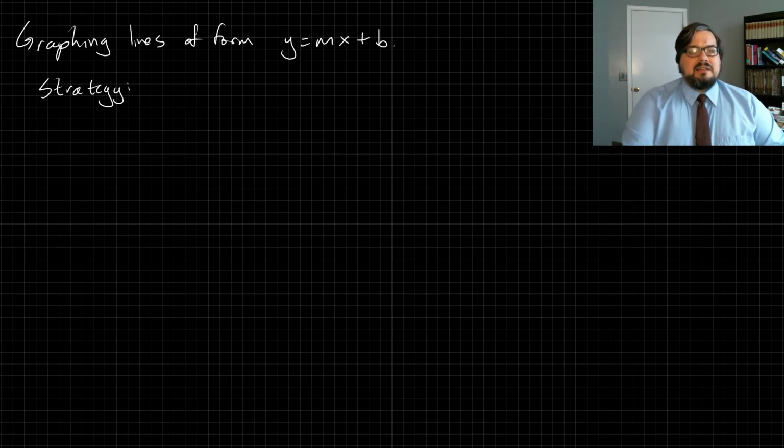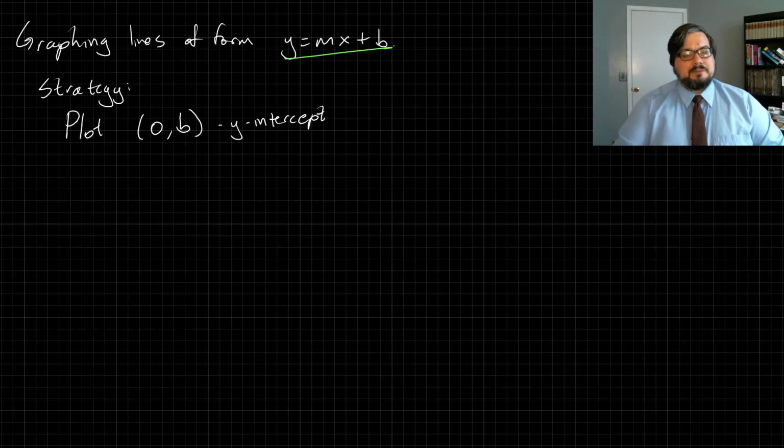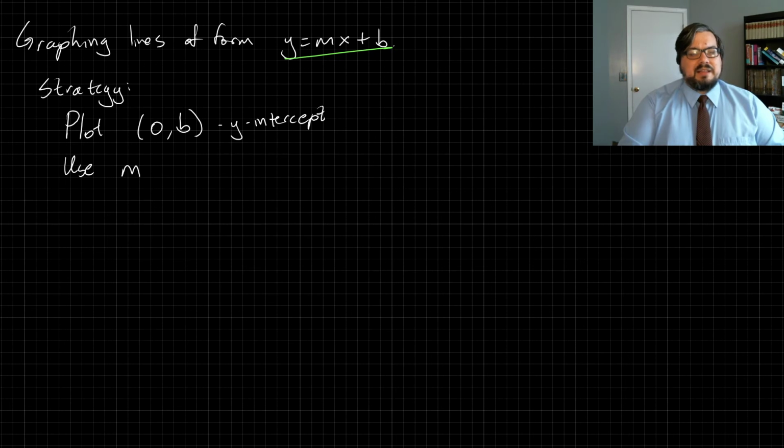When we have a line of the form y equals mx plus b, we can immediately see one of the points on the line. So immediately we're going to plot the point (0, b), the y-intercept, because we know that's there. And then we'll use the fact that the slope is equal to rise over run, or the change in y over the change in x.